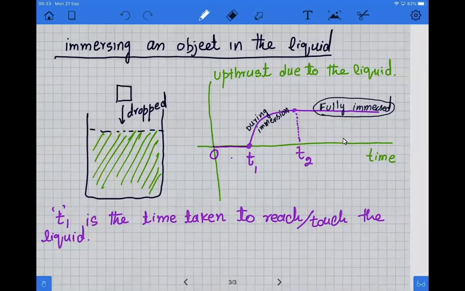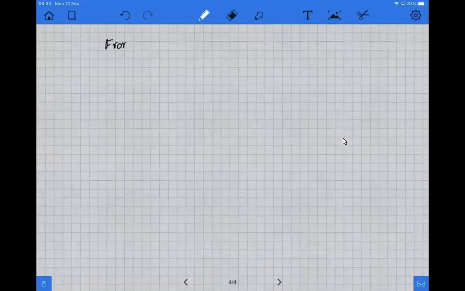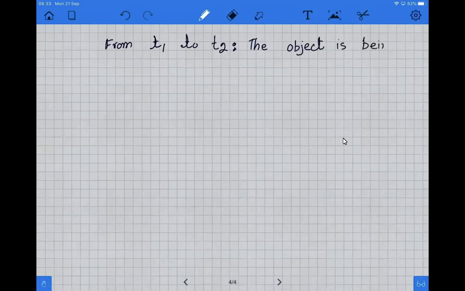We should say that from T1 to T2, the object is being immersed in the liquid, and the common experience is that the speed of the object will be decreasing.